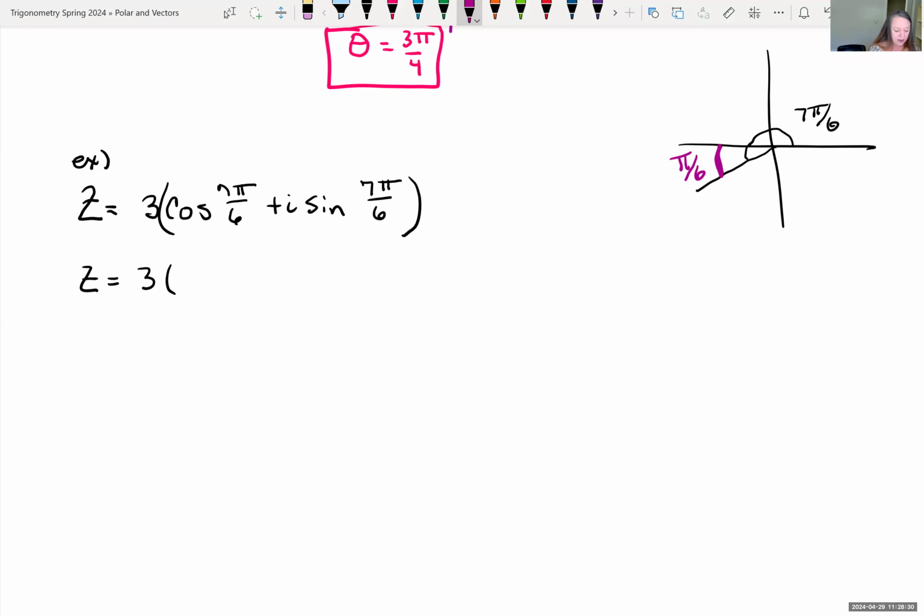So I'm going to have 3 times negative cosine of pi over 6, which is root 3 over 2, and then plus i times negative sine of pi over 6, which is 1/2.